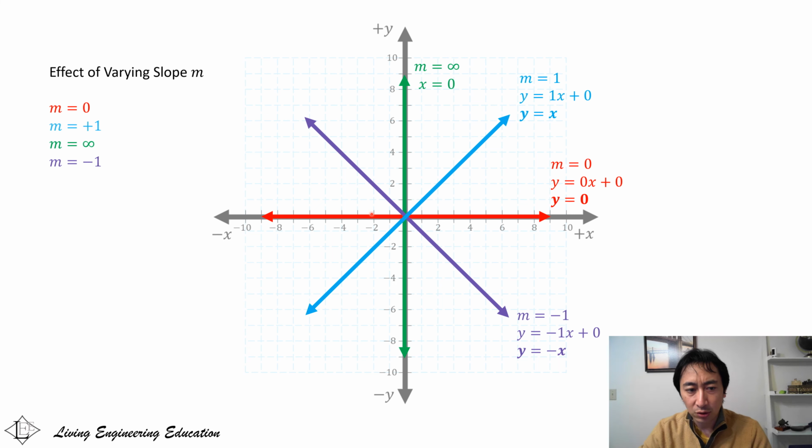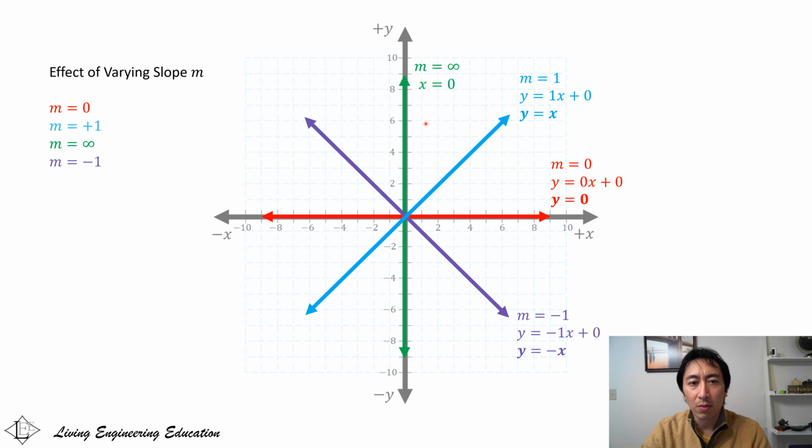The closer we get to a line lined up with the x-axis, the closer we are to a slope of 0, either from the positive side or the negative side. And as we get closer and closer to the y-axis, the vertical axis, we get closer and closer to a slope of infinity.